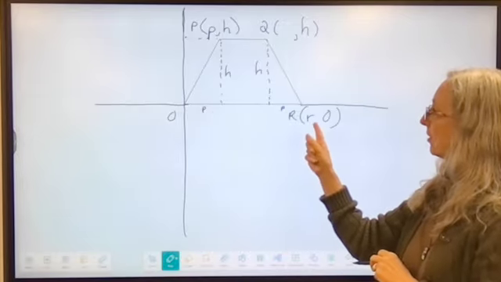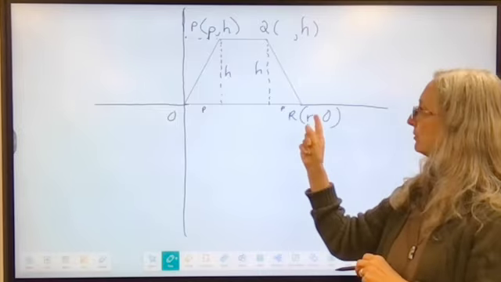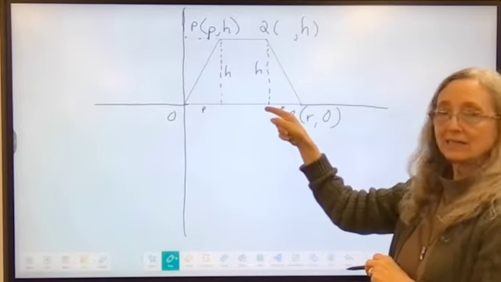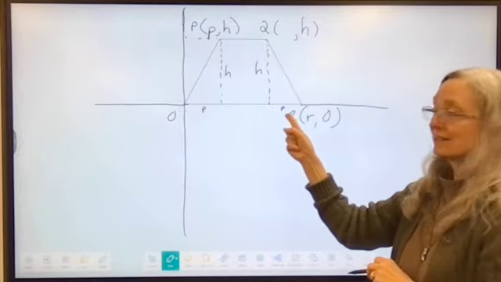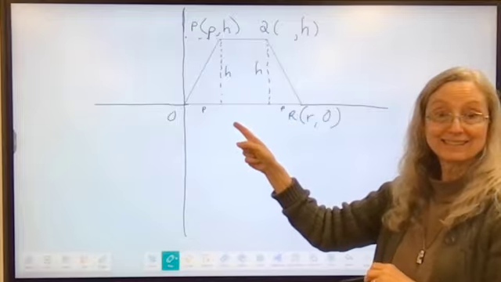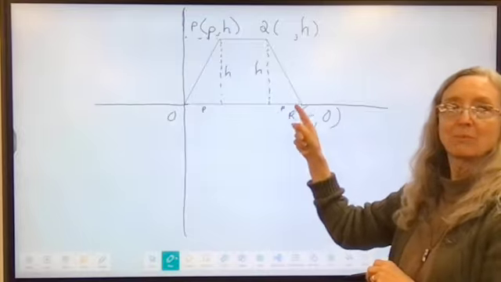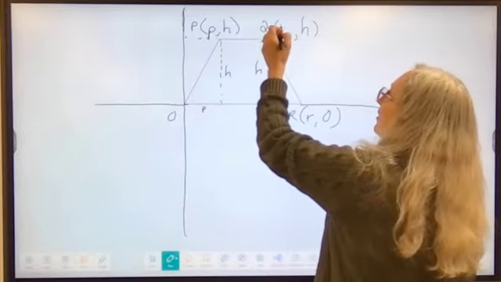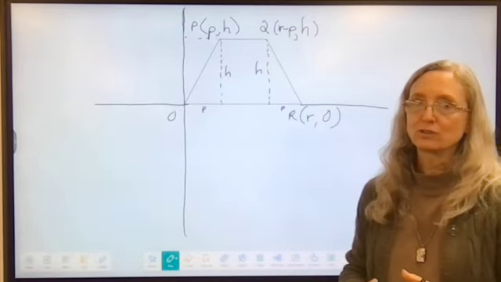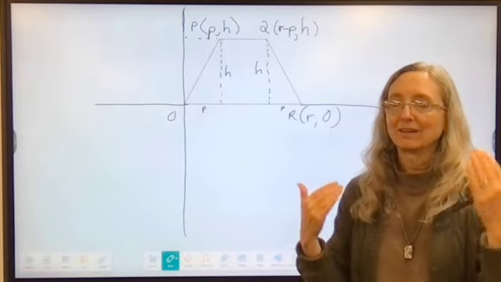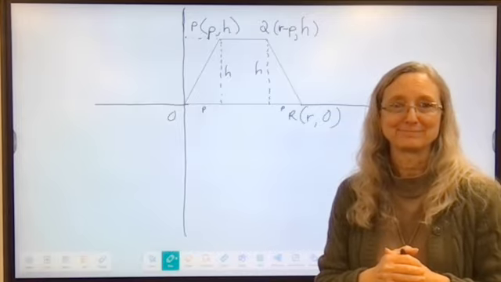This point here, R, has an X value of R. So if you start from that and you go back here, you're going to take this R value and go back this P value, so you're going to subtract P. So this actually ends up being R minus P. R minus P. So I showed that to you. Hopefully it makes sense now that you've seen it. Coming up with it yourself can be pretty tricky.